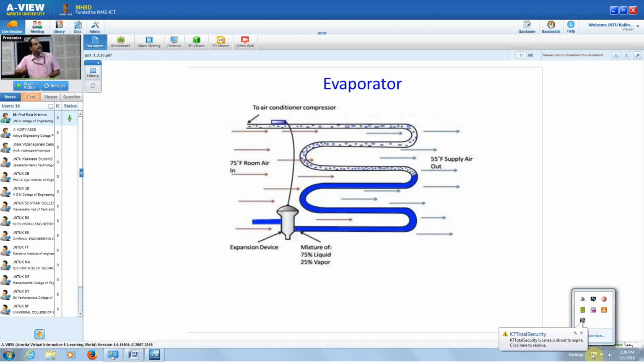Definitely the temperature before entering, suppose T1, and after that it is T2. T2 is definitely more than T1. The temperature at the outlet of the evaporator is more than the inlet temperature of the evaporator. That's why it sends the temperature and then gives signals to the expansion valve, so that if the evaporator needs more flow, the expansion valve will automatically supply it. Next.